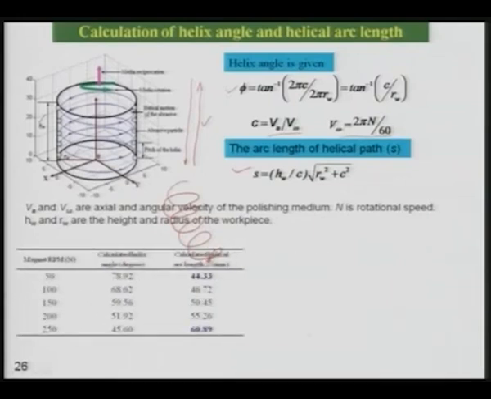Now this gives you important information about the total length. When you are rotating this magnet at 50 rpm, the calculated helical arc length is 44.33 millimeter. While you are rotating it at 250 rpm, this length increases to 60.89, which is approximately double what you have for the axial movement of the medium or the abrasive particle when there is no rotation of the magnets.